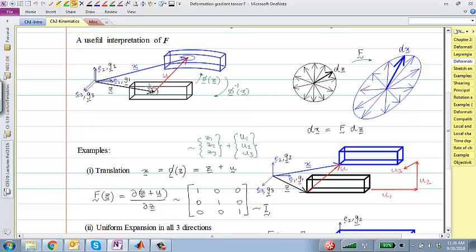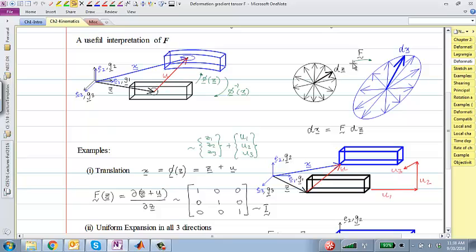Those would be tangent vectors to infinitely many curves in the neighborhood of that point. That small black sphere represents all the possible tangent vectors in the neighborhood of that point. After deformation, this goes to this blue configuration. That black sphere becomes this blue ellipsoid.